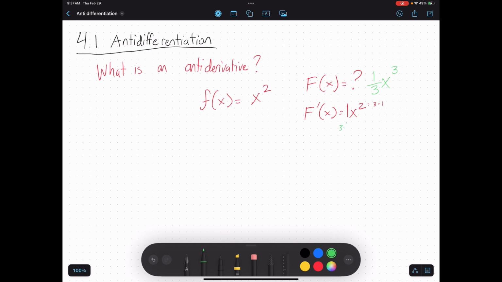And then 3 minus 1, subtract 1 from the exponent, I get x squared. So perfect. I was able to find a function that when I take the derivative of it, I get the function that I started with. I get x squared. So this is what's known as the antiderivative.